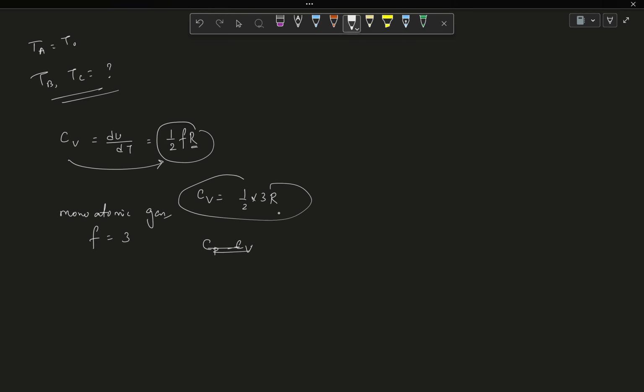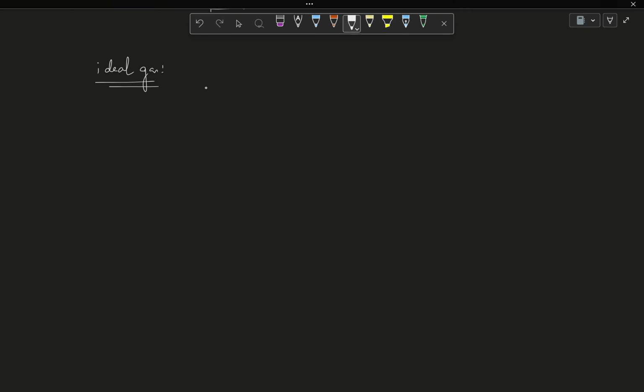So now we utilize the idea of the ideal gas, because these are ideal gases. So this will follow the ideal gas equation. Now at point A, the ideal gas equation is P0 V0 equal to R Ta. P0 and V0 are the pressure and volume at point A, which you can see from the graph very easily, and Ta is the temperature at A, which is P0 V0 by R. This is also mentioned as T0 in the question separately.